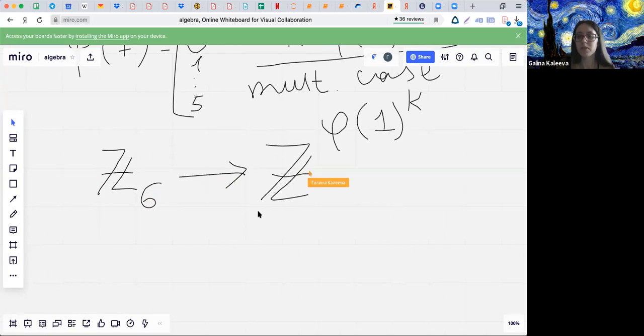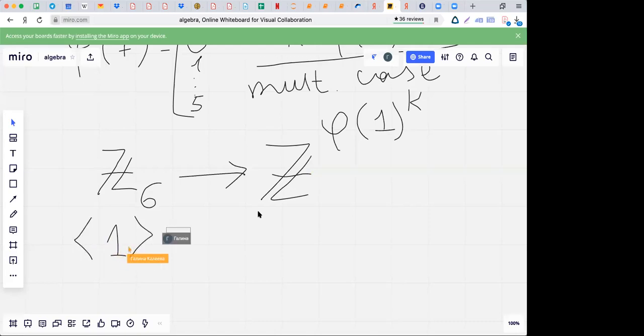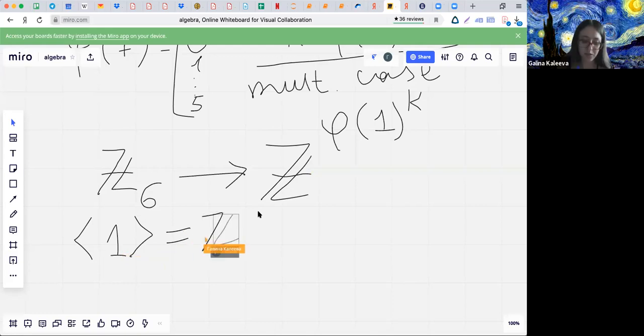Let's act in the same way. Take some element which generates all our group of reminders. We agree that this additive group is generated by 1.